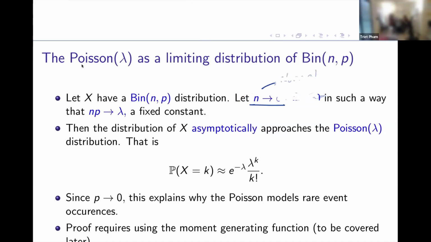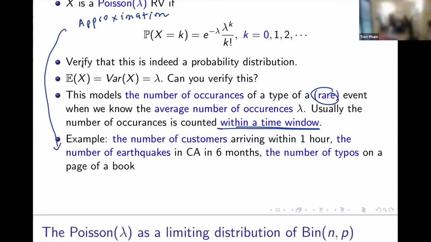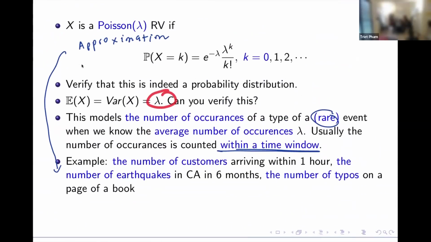And that's your rare event, because p, the success rate, goes to 0. That's why we talk about a rare event. But not only that, it's in such a way that the average, the mean, stays as a fixed constant, which is lambda, the parameter of the Poisson.